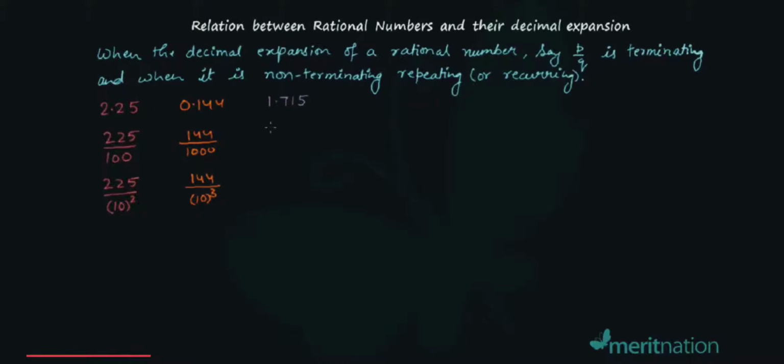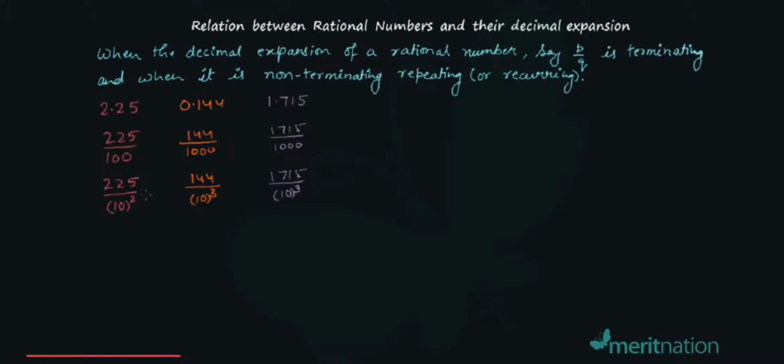The last number can also be written as 1715 upon 1000 or 1715 divided by 10 cubed. Right, three digits after the decimal, so you have three zeros following 1, and this can be written as 10 cubed.